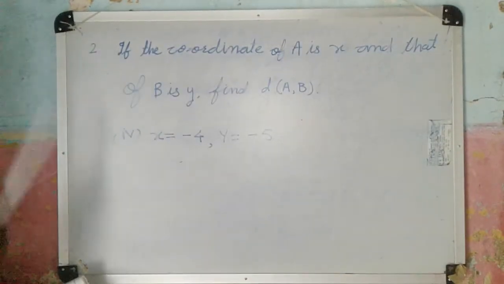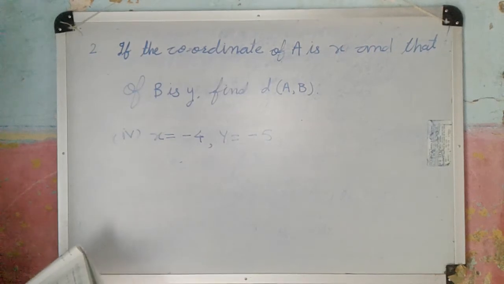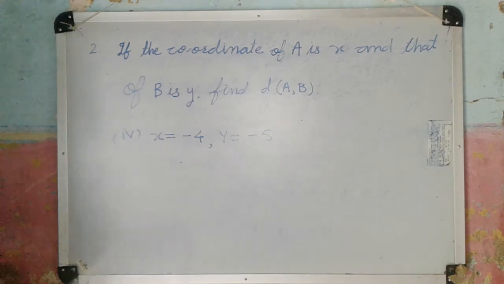Now, in this question number 2, example 2 and 3, you try to solve yourself. Now, we will solve example 4. Example 4, x is equal to minus 4, y is equal to minus 5.